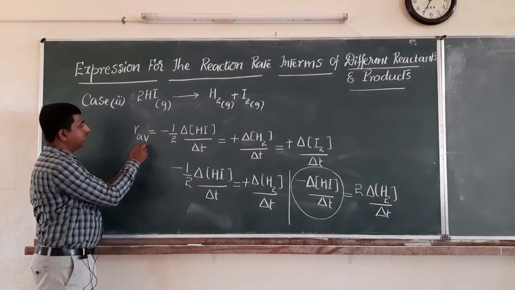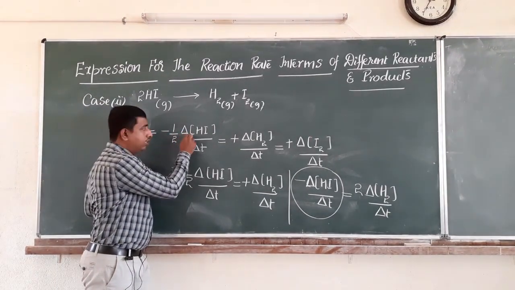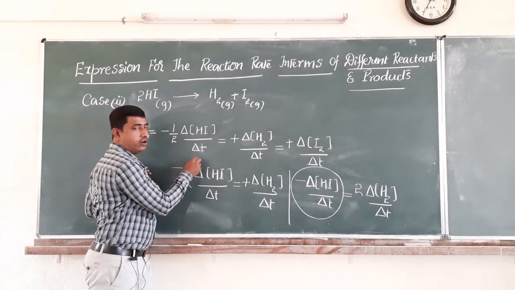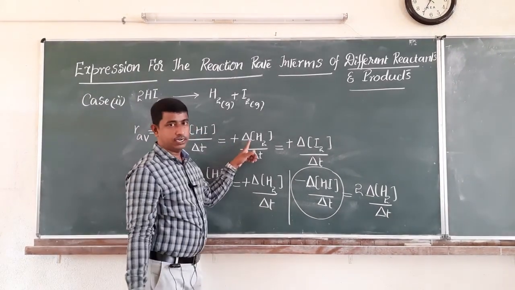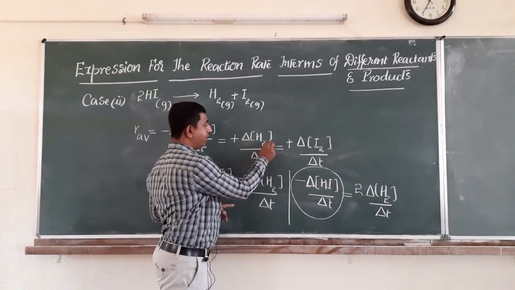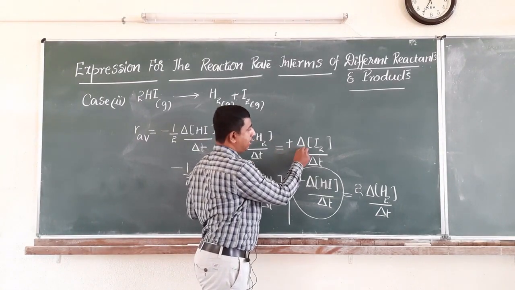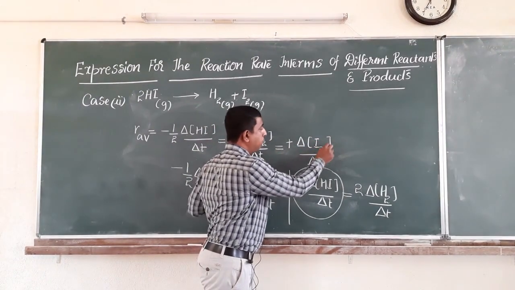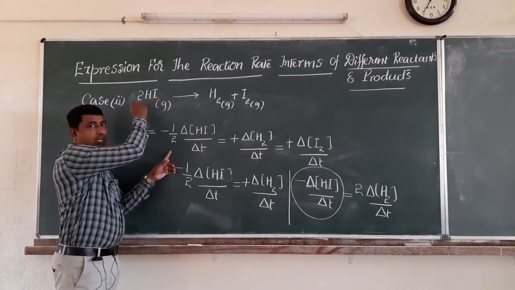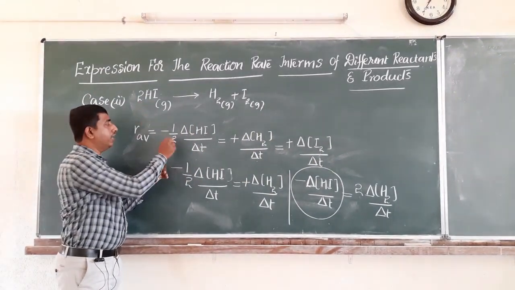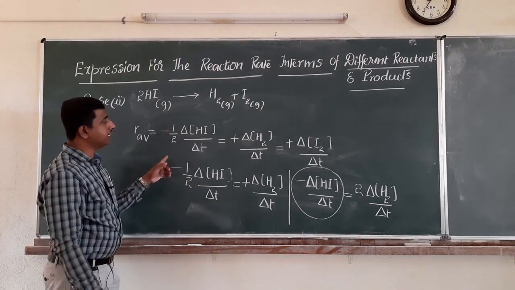Average rate is equal to minus 1 by 2 delta concentration of HI by delta T, which is also equal to plus delta concentration of H2 by delta T, also equal to plus delta concentration of I2 by delta T. Why is it divided by 2? Because the stoichiometric coefficient is 2, so I divided it by 2, so it is minus 1 by 2.